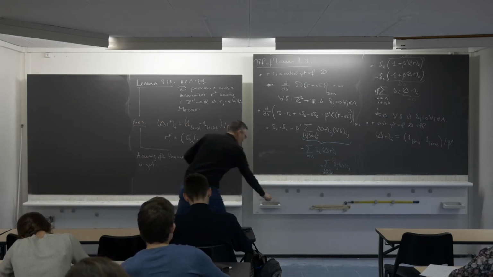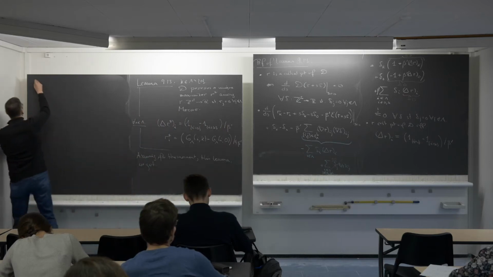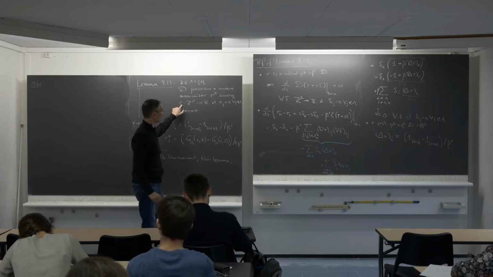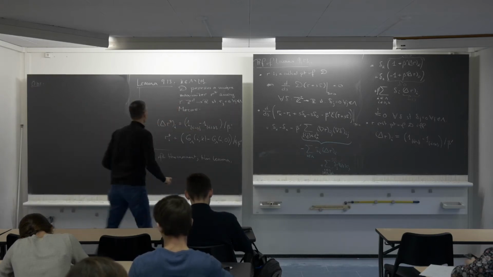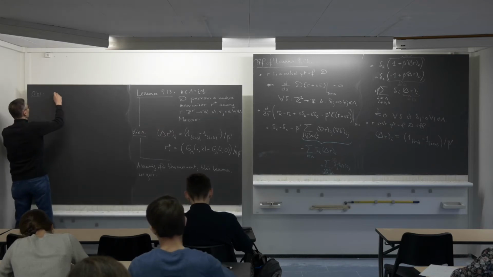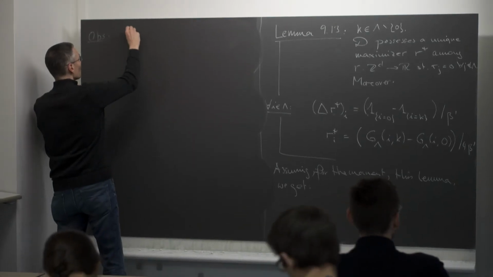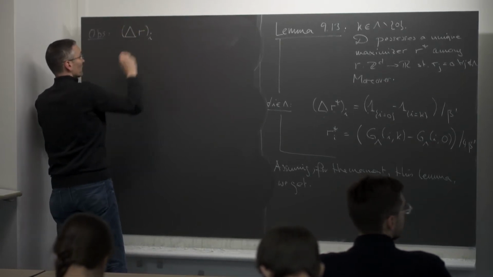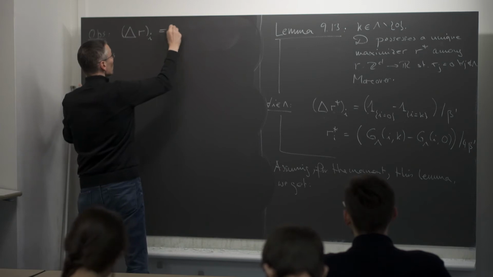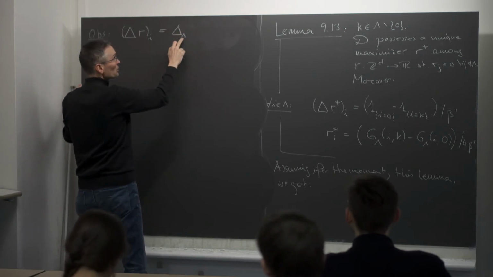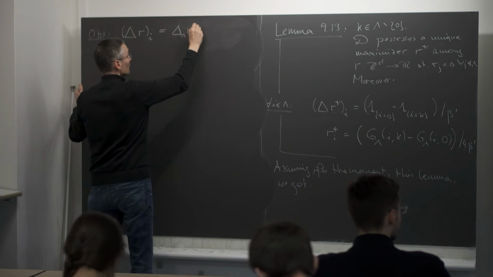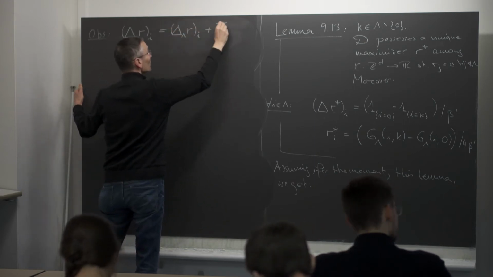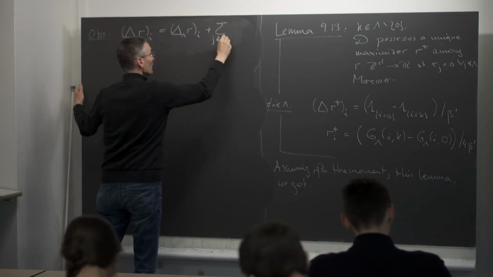So the first observation is the following. Thanks to the boundary condition that R satisfies, so R is 0 outside the box lambda, I can write the following. So if you remember things that we also did in the chapter on the Gaussian free field, if I look at the Laplacian of R at some vertex I, then this is equal to the Laplacian inside lambda, so the restriction of the Laplacian to the box lambda that we introduced in this other chapter, evaluated at I, plus the sum over all j not in lambda Rj.